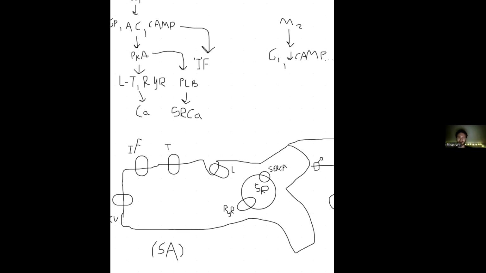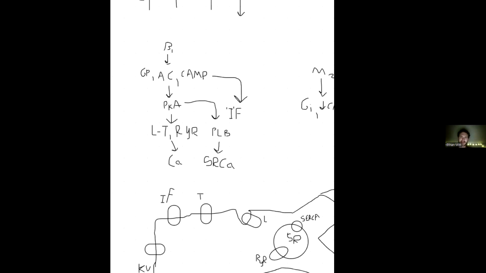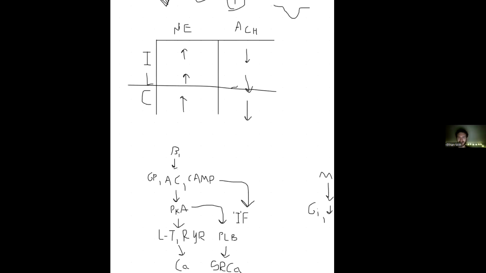So we have an interesting relationship here where calcium coming into the cell breeds even more calcium coming into the cell. And I digress on that point. I think I've said enough about it.